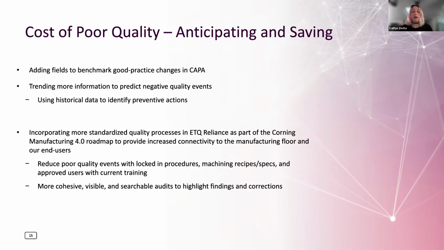And if any one of those boxes are not checked, then no, we cannot move forward, and it prevents bad product from coming off of the line. So this helps us prevent bad product, which results in wasted time, wasted money, stops that cost of poor quality before it ever happens.